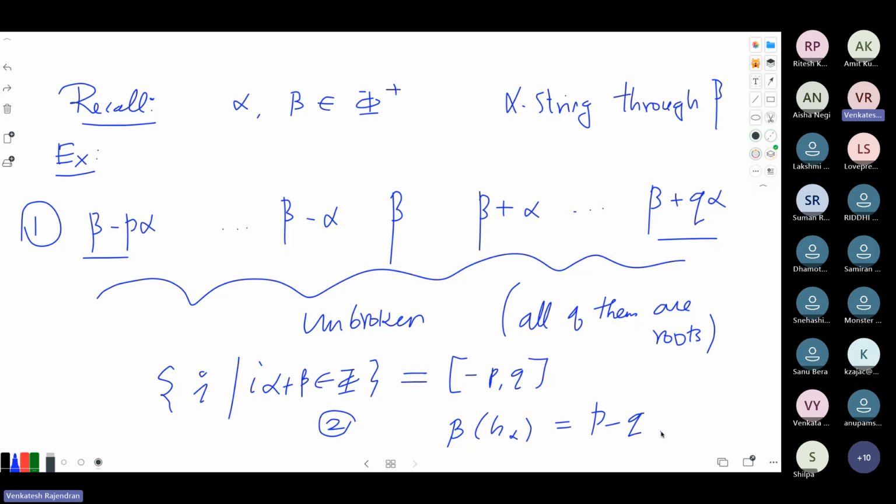But one can also prove this without getting into Lie algebras, because this is actually a property of root systems. If you have an abstract root system, you must have seen that even in the abstract root system, you have the string property. This number you need to interpret as nothing but 2(beta, alpha) divided by (alpha, alpha). So both proofs carry some merit, and you should be comfortable with both.